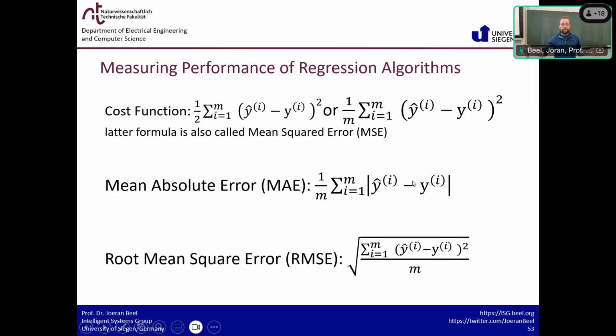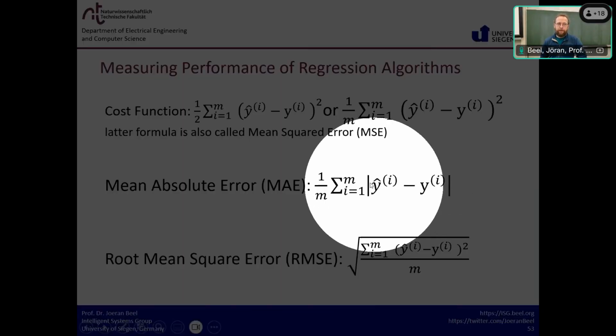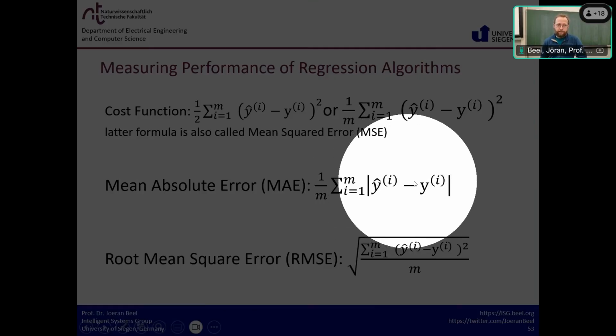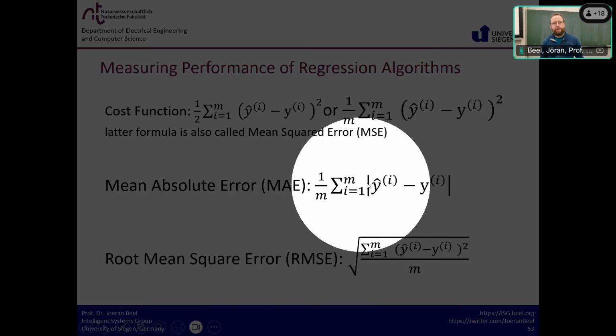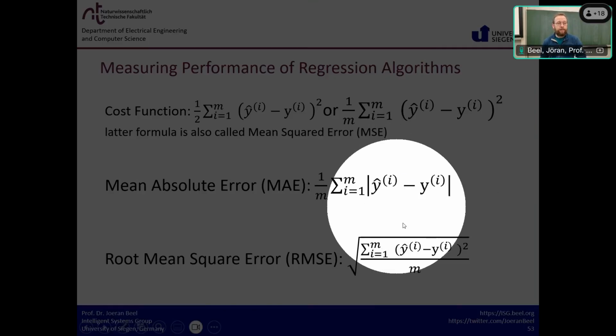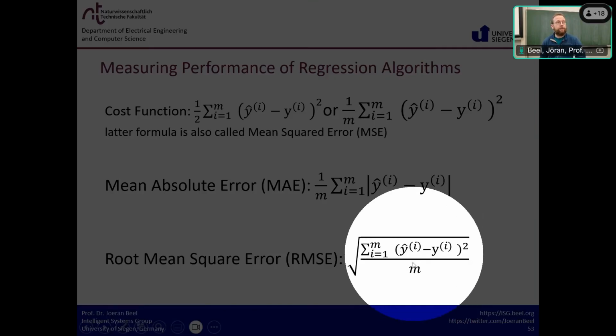Errors can be negative and positive, so you should not just sum them up, because then they could cancel out in some cases. So for the mean absolute error, you also take the absolute values. I didn't say that, so thank you for this comment. But if you take the absolute values, then it doesn't matter if the errors are positive or negative. So that's not really the reason here.